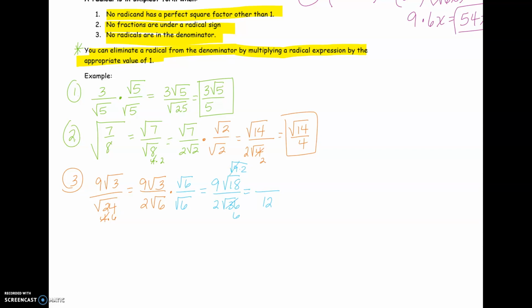I take that out, and that becomes a 3. Remember, the square root of 9 is 3, so I have 27 square root of 2 over 12. Now, do these share a common factor? They do. They sure do. They both share a common factor of 3. 3 goes into 12 4 times, and into 27, 9. So this becomes 9 square root of 2 over 4.